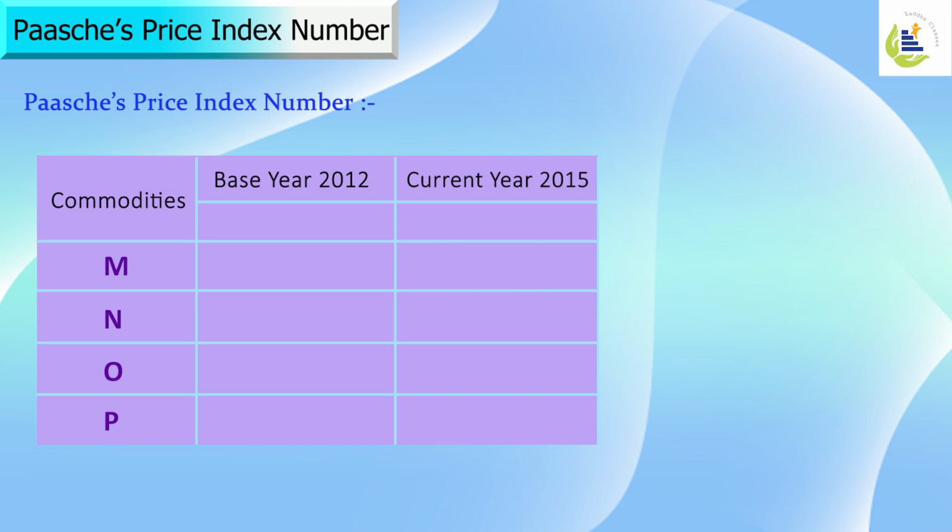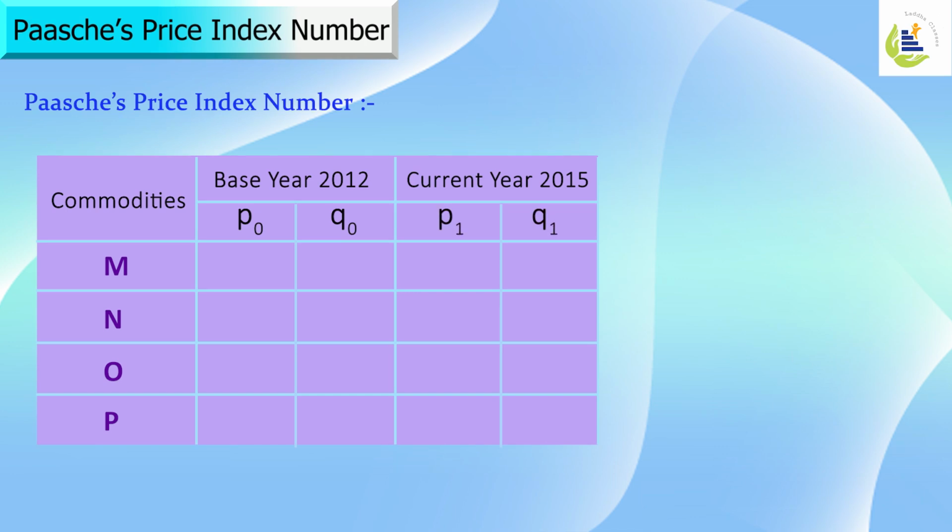Each has two sub-columns, price and quantity. So base year's price becomes P0 and base year's quantity becomes Q0. Similarly, the current year's price is P1 and current year's quantity is Q1.